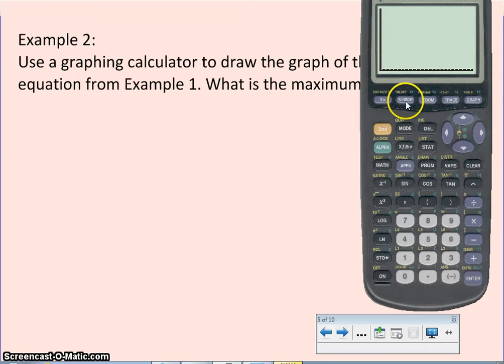And it looks like we're going to have to change our windows just a little bit. But we shouldn't have to change it much. It should have come up. So let's see what happened. I'm going to go ahead and put to 500,000. And let's graph and see what comes up.